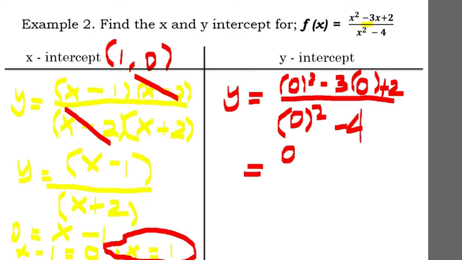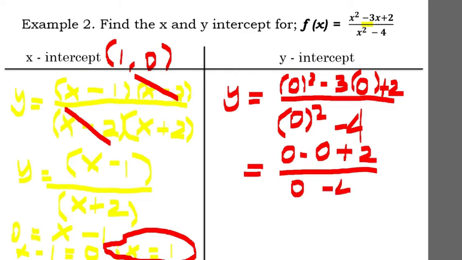3 times 0 is also equal to 0, plus 2 over 0 squared, which is also 0, minus 4. So it is equal to 0 minus 0 is 0, plus 2.